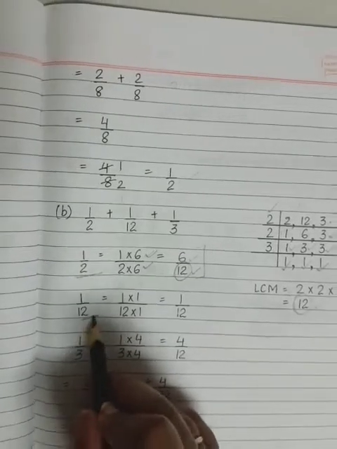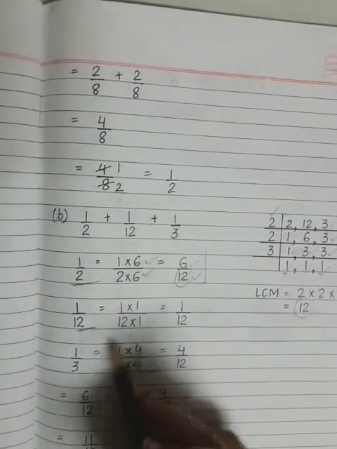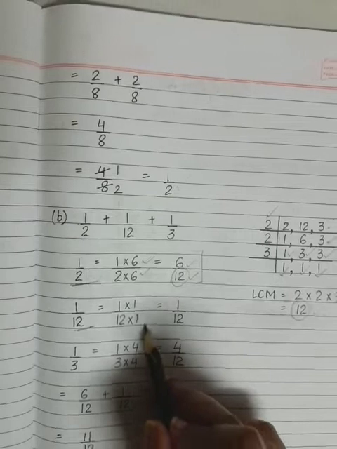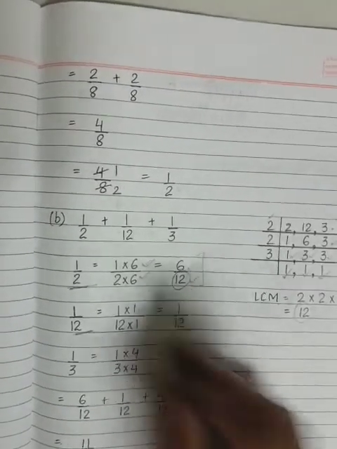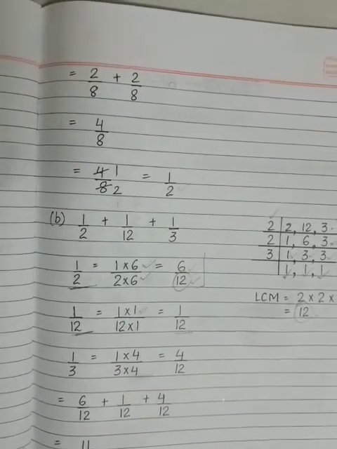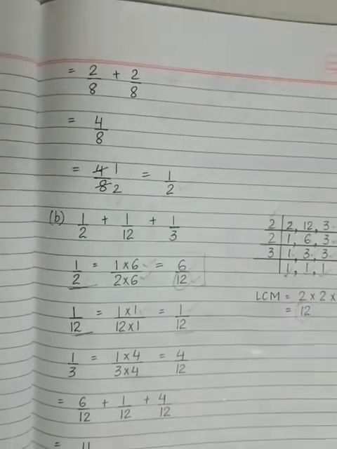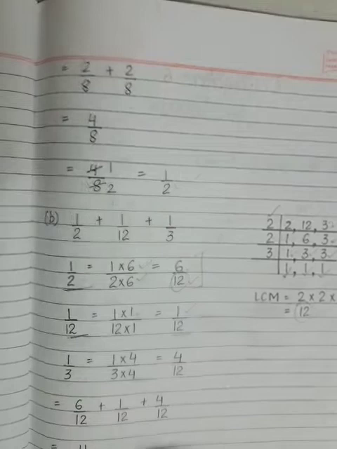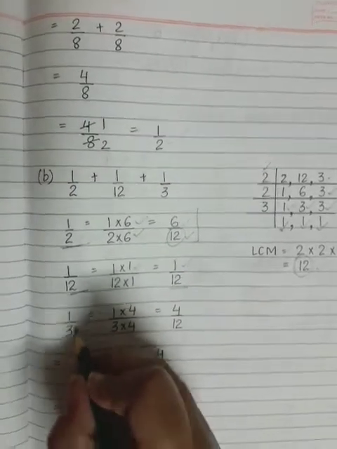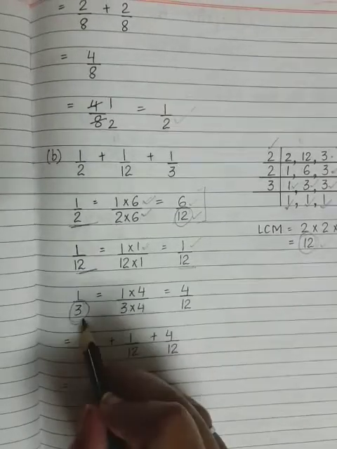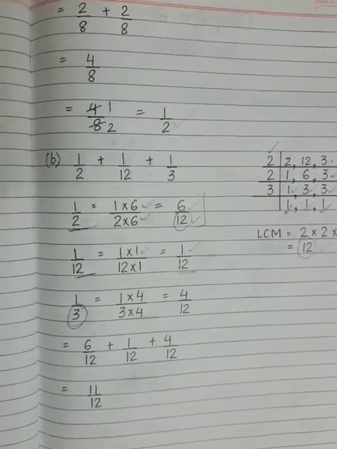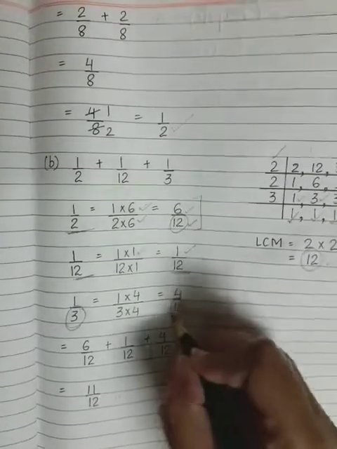Now, this is already 12, you need not change it. So, you just multiply it by 1. 12 multiplied by 1 gives us 12. Okay. And the numerator also gets multiplied by the same number. So, 1 multiplied by 1 is 1. Okay. Now, this is 3, 1 upon 3. Just focus on the denominator for now. Okay. This is 3 and you need to get 12 as the denominator.